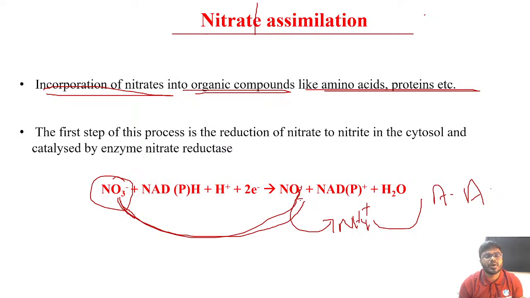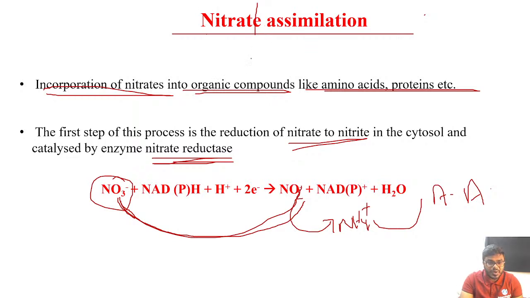So what is the statement you have to understand? I am reducing the nitrate to the nitrite. So my friends, the enzyme involved here is the nitrate reductase. You don't need to remember the equations at all, don't worry. Nitrate reductase is the enzyme which is converting NO3 to NO2. And the most important point you have to remember, where does this particular reaction take place actually?